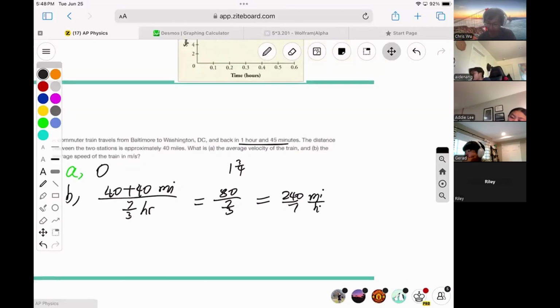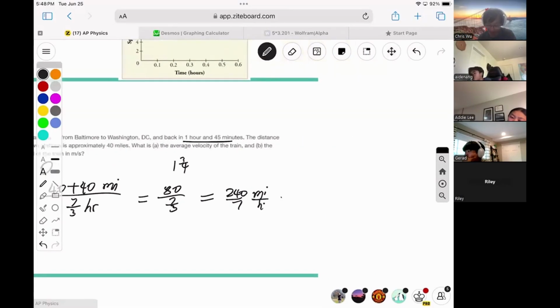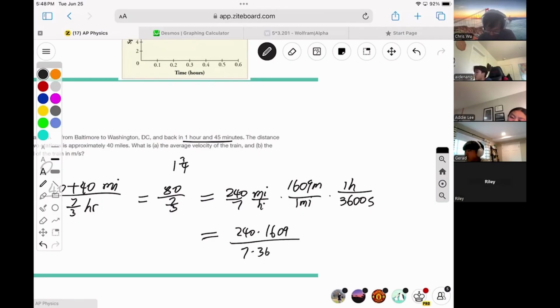But now I need to convert miles per hour to meters per second. Again, I want to cancel out the mile. Let's put 1 mile on the bottom. 1 mile is about 1609 meters. And then for the hour, we did that the other time: 1 hour is 3,600 seconds, right?